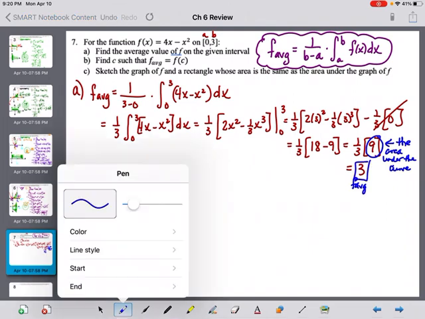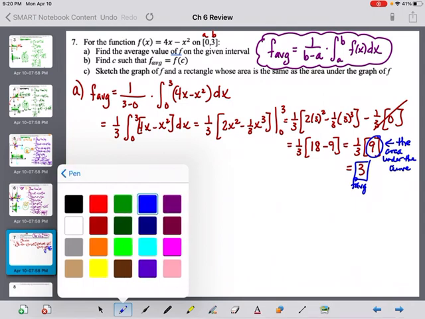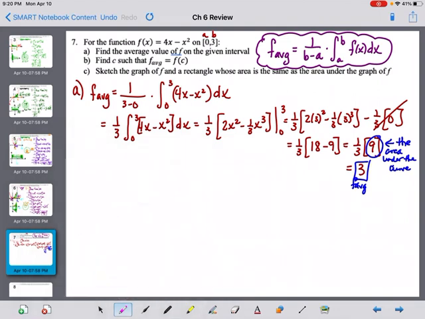All right, so then part B, they want us to find c such that f average is equal to f of c. So again, f average is 3, and f of c means plug c in for x in f of x. So that will be 4c minus c squared. Looks like a quadratic function that we have to set equal to 0 and factor.